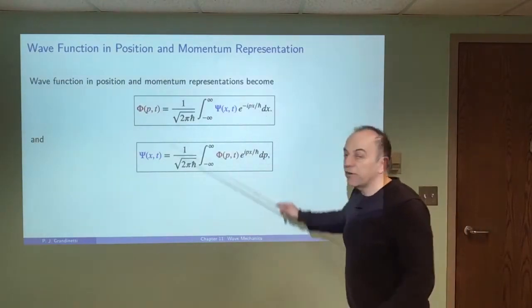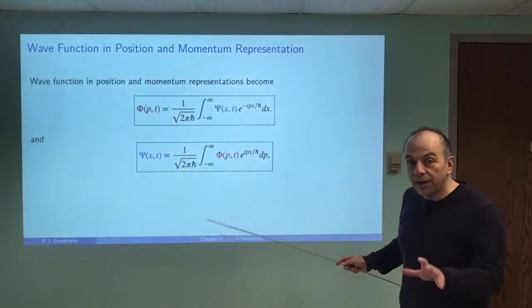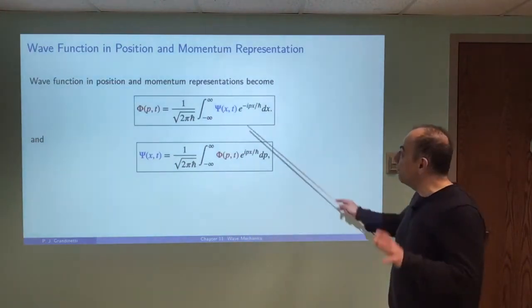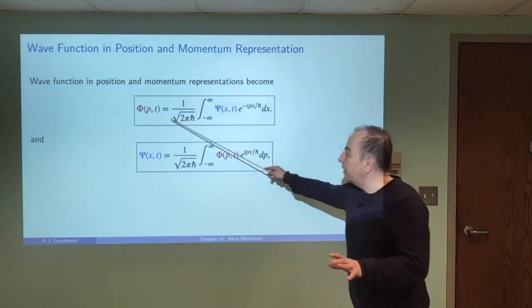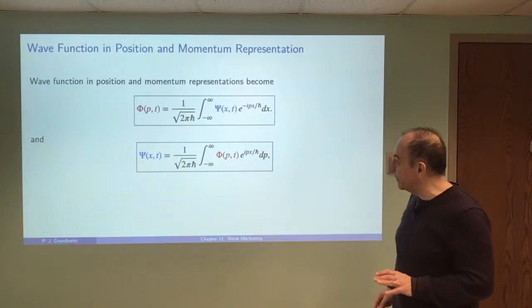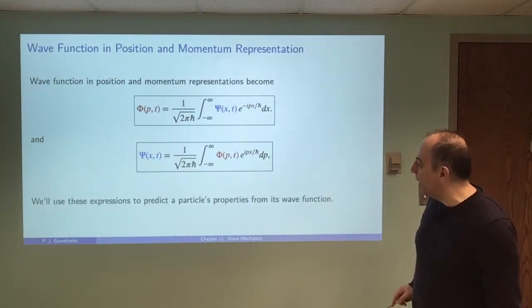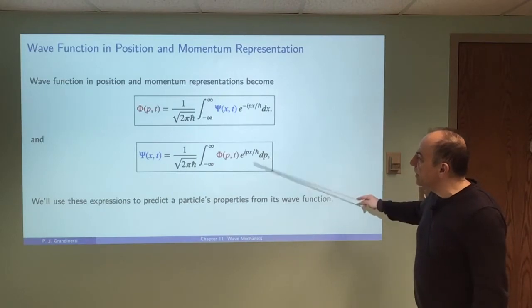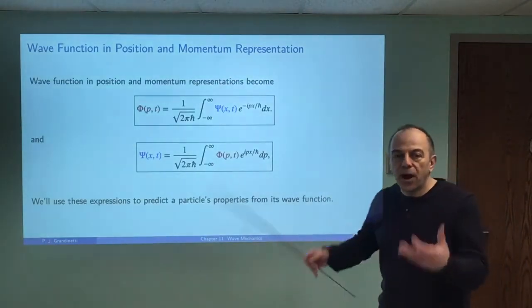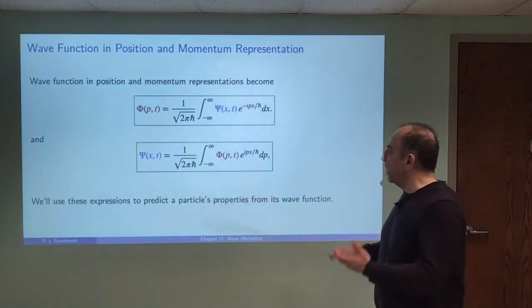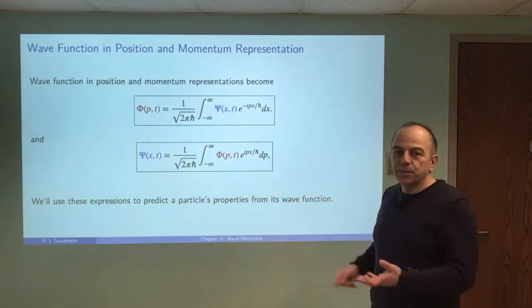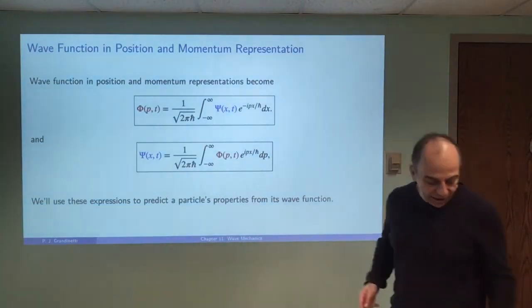So we see that there is a Fourier relationship in quantum mechanics between the wave function as a function of position and the wave function as a function of momentum. All right? So that's a very important thing to keep in mind, and we're going to use this to calculate other properties of the system based on its position and momentum and energy and so on.